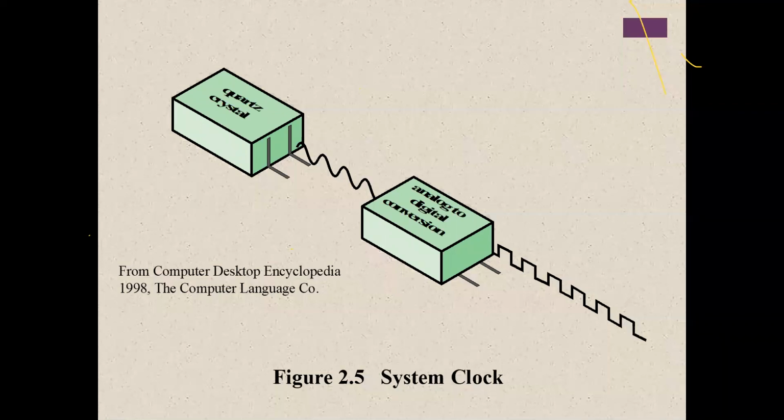So for example, a 1 gigahertz processor receives 1 billion pulses per second. And so the rate of pulses is known as the clock rate, or clock tick, or clock speed. This is how the operations of the computer are done within each cycle.